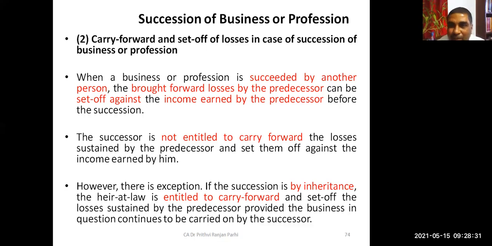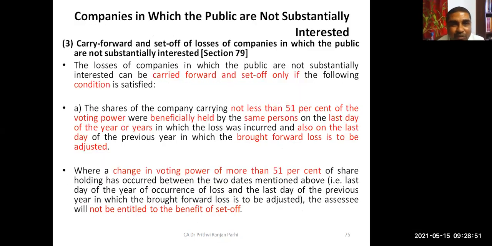Suppose a father passed away and the business is getting transferred to the son, then it is possible. If succession is by inheritance, the heir at law, that is the legal heir, is entitled to carry forward and set off the business losses of the predecessor. Understood? So that is an exception. Otherwise, it cannot be carried forward.